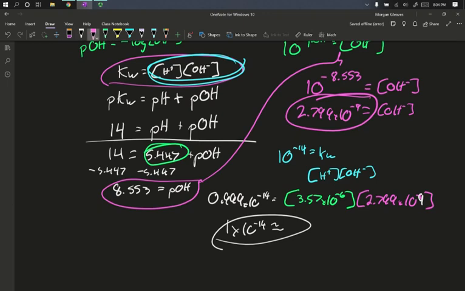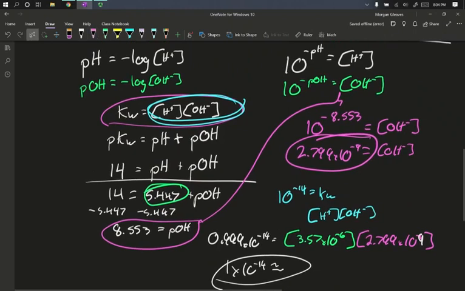Rather than do all these calculations to find the concentrations, conveniently we can simply say that 14 minus pH must equal the pOH. So as long as we know pH or pOH, we can always find the other piece of info. We always know the other concentration of this water-breaking-apart equilibrium reaction.